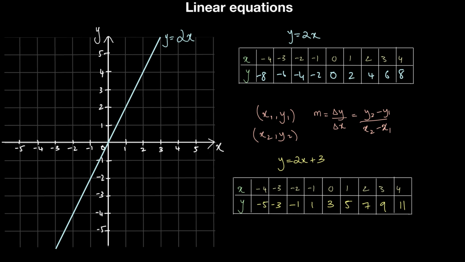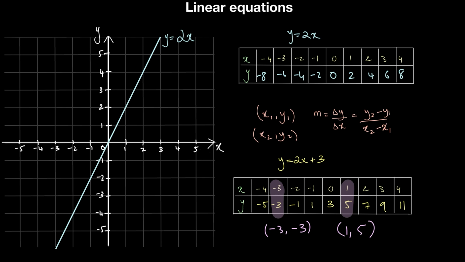And if I plot the graph on these x and y axes, I can take any 2 points. Let's take this point over here, minus 3 comma minus 3, and let's take 1 comma 5. Let's write down the coordinates of these 2 points as well, minus 3 comma minus 3, and 1 comma 5.